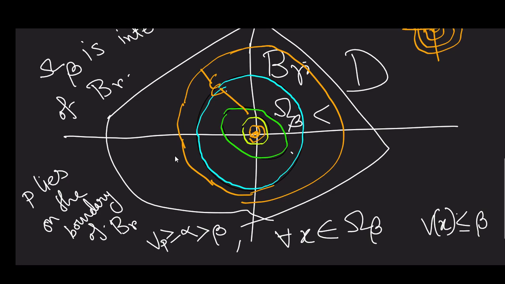It becomes very close to some point, but it cannot touch. It is not possible for this inner curve to touch the circle defined by this beta r.